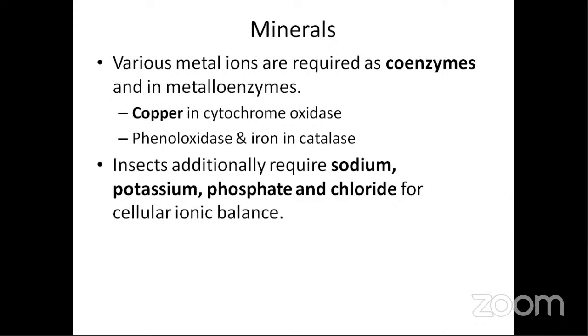And in the case of sodium, potassium and chloride ions, these are very important in nerve impulse transmission in the insect neuron. It's a mandatory thing, and the ionic balance inside the cell and outside the cell will be maintained with the help of minerals only.